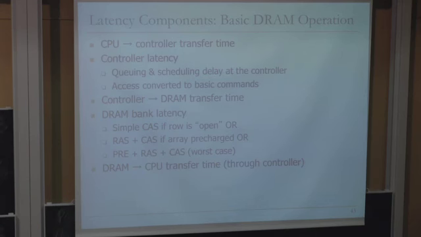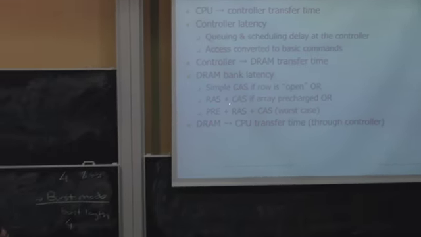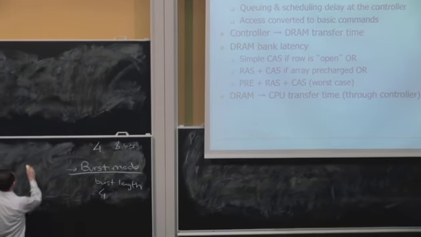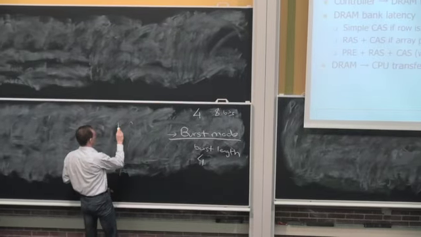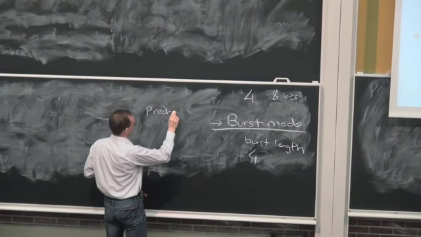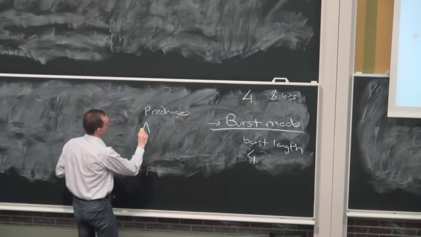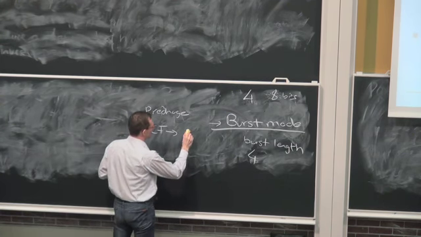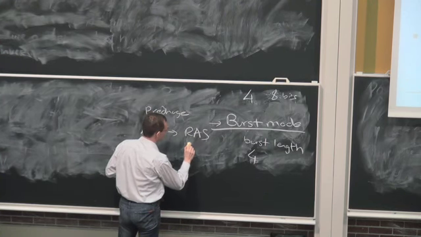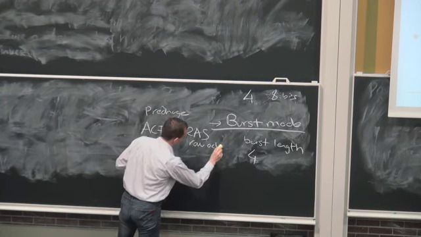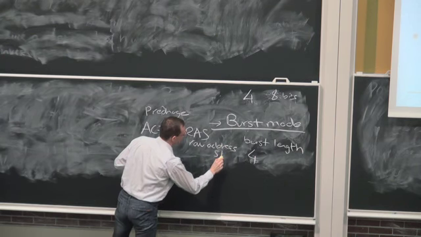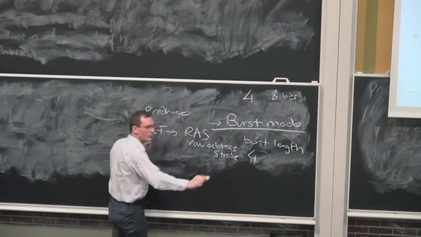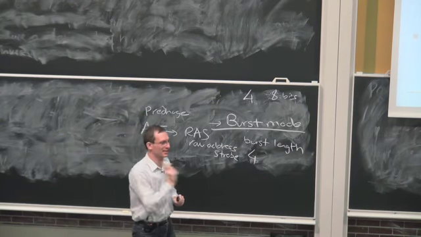So these DRAM commands include precharge, which we've seen. The activate command is also called, at least in old DRAMs, the row address strobe. Basically, you're accessing a row, giving the row address, and telling it, give me this row.